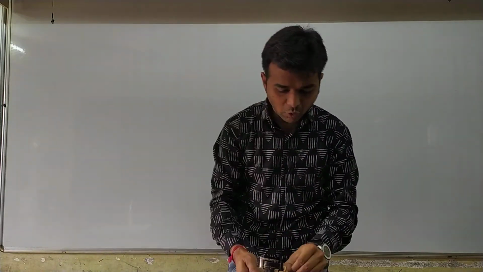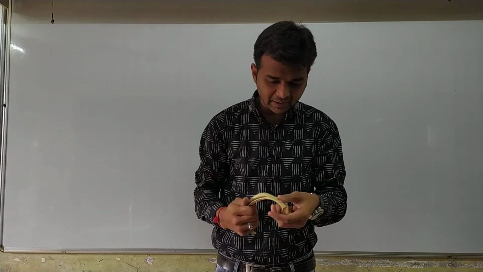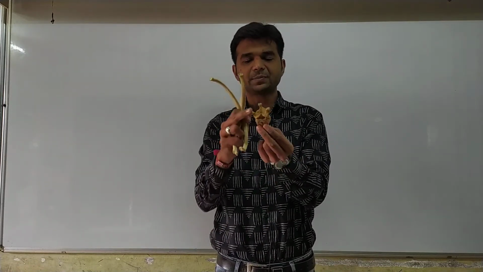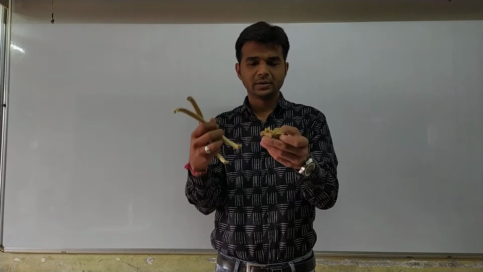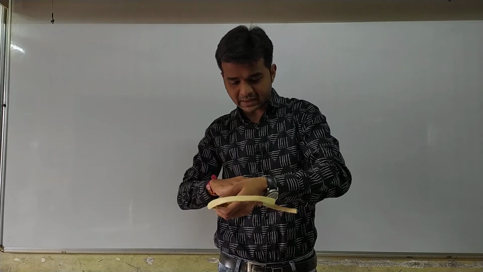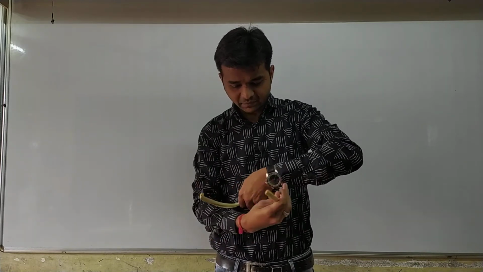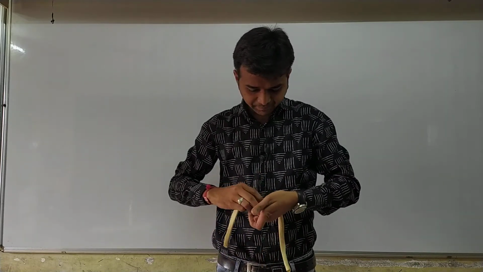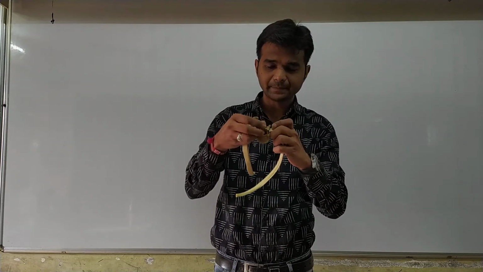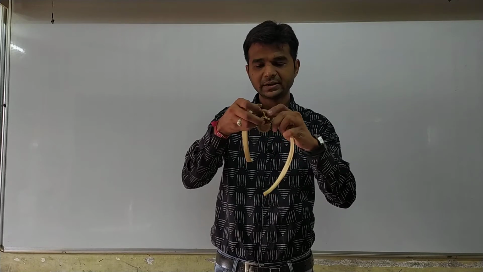So body is inside, and when you see properly, the two transverse processes are there. So the ribs articulate with this vertebra in this way. Wait, I will show you. I can hold it properly and you are able to see it.